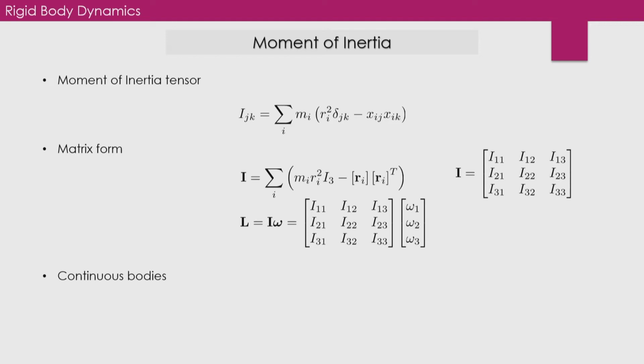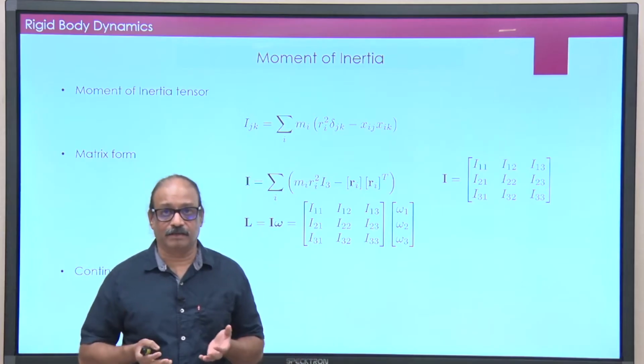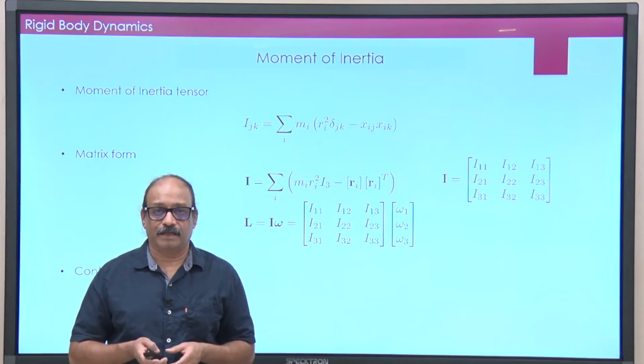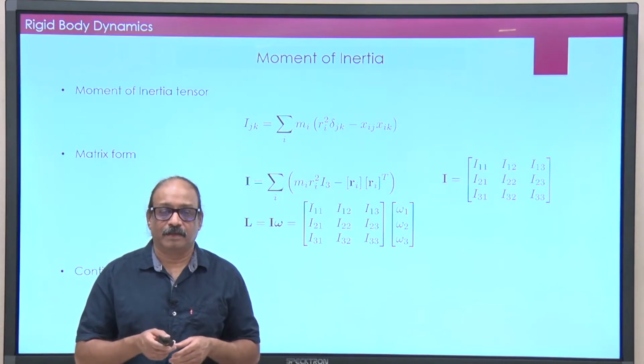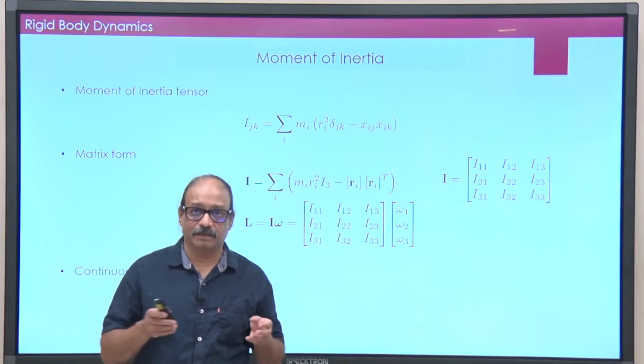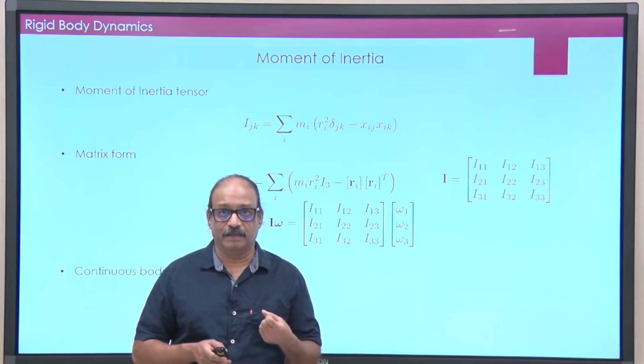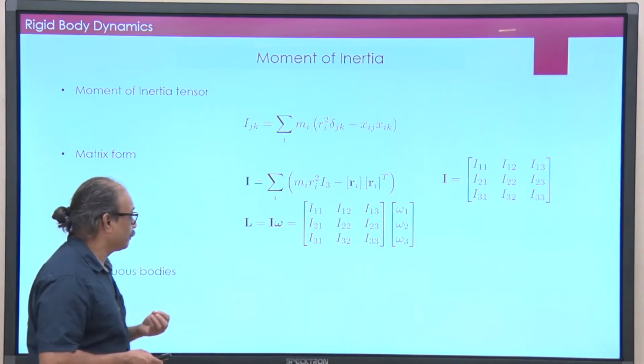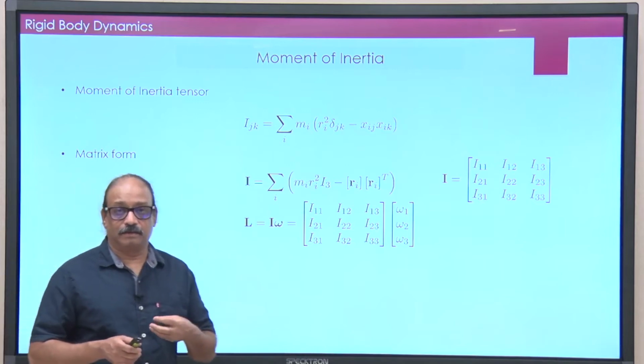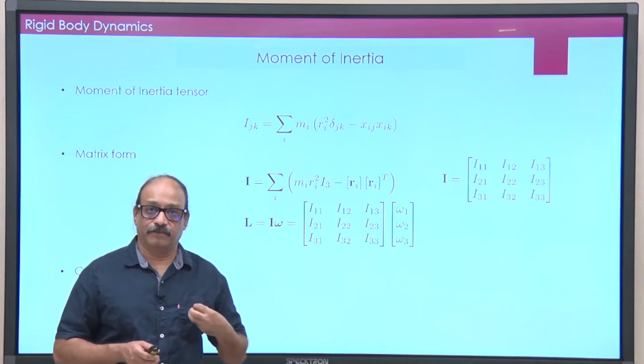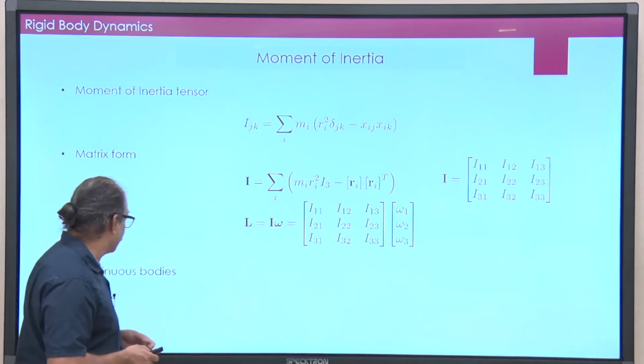So, we started by looking at a rigid body as a collection of discrete particles, but typically when you look at a rigid body, we are talking about continuous bodies, or at least the density is so high, the particles are so close, that we can treat it as a continuous body.